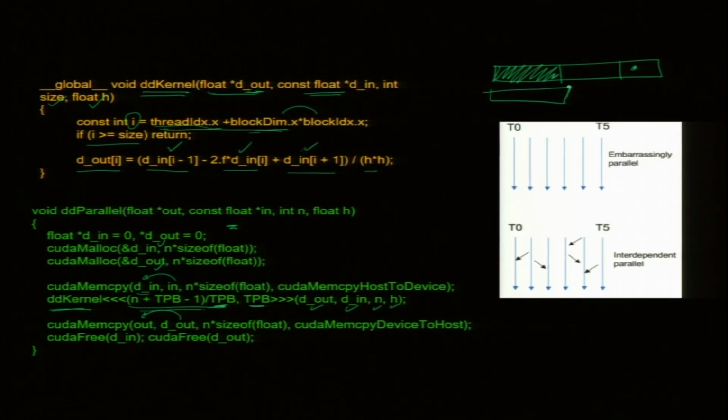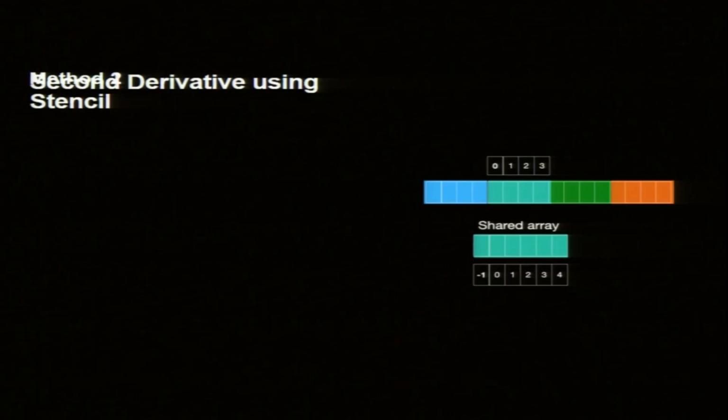Okay. Only problem is that for computing the derivative at a point here, I need data in the other block, right. So, I need to do some extra padding on my shared memory, and that is the only difficulty, otherwise it is trivial.